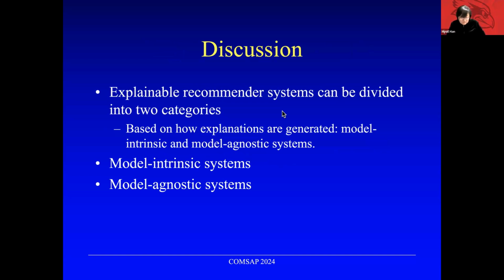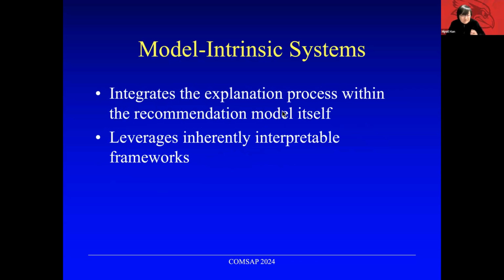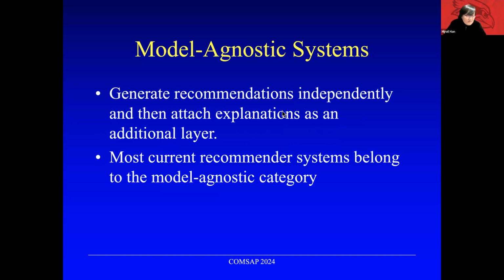Model intrinsic systems generate explanations and recommendations together at the same time inside the recommendation model, and leverage inherently interpretable frameworks. So the framework itself generates the recommendation and includes the explanation process. The other one is model agnostic systems.